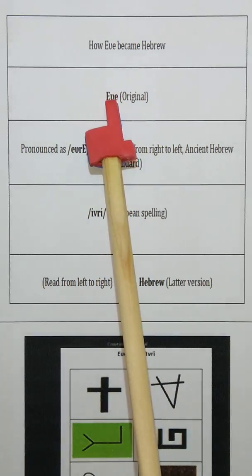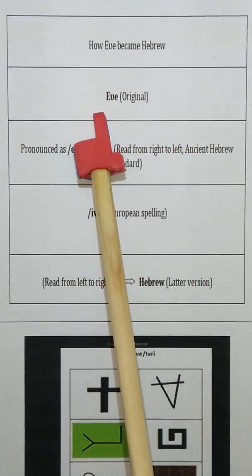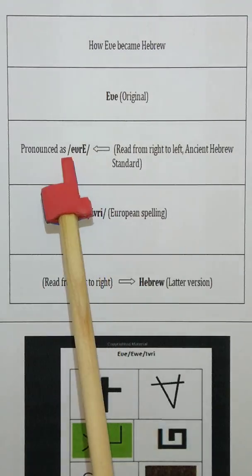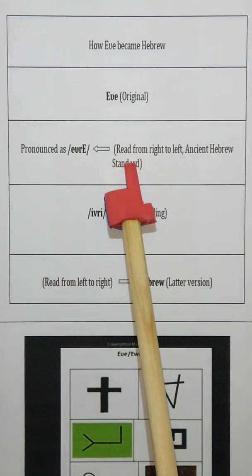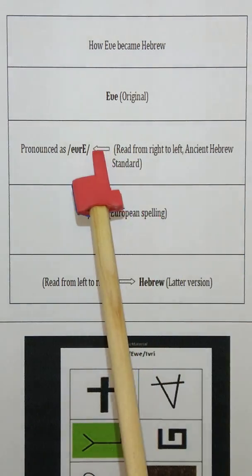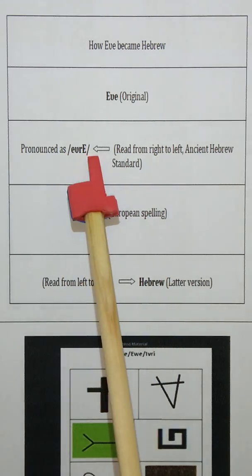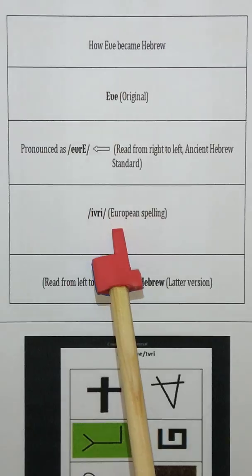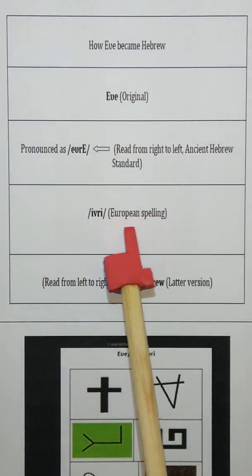So, Eve is the original, and it is pronounced as Eve. The ancient Hebrew reading standard is right to left, so Eve, and this is the European spelling of it.